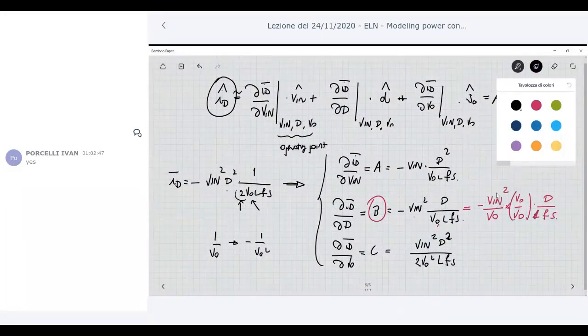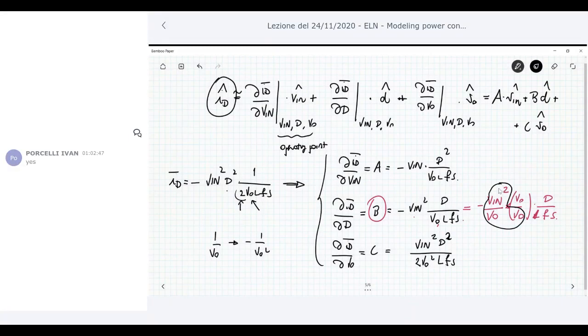But now I have the quantity that I previously derived, which is this one.